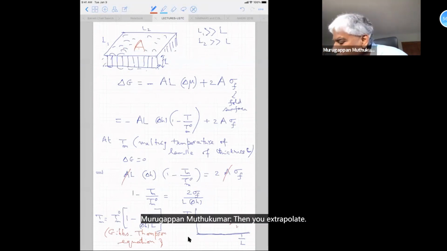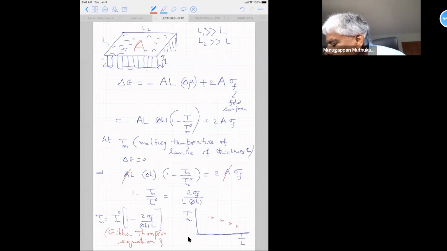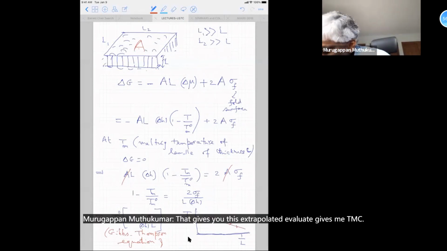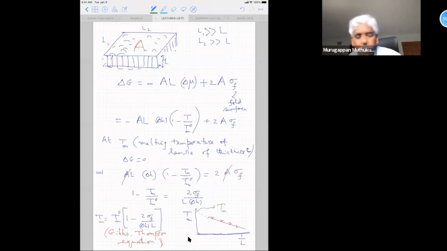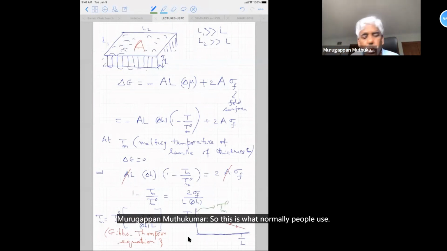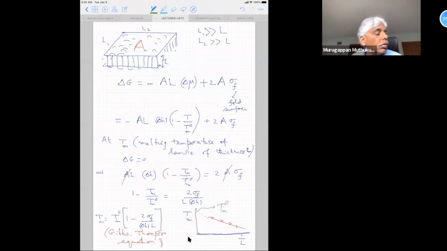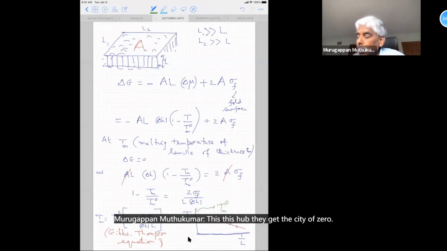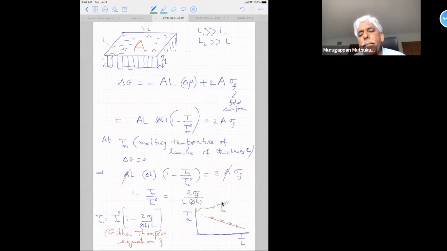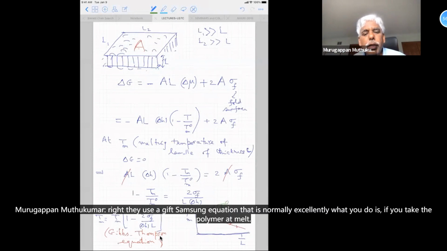Then you extrapolate. This extrapolated value gives me Tm0. So this is what normally people use. This is how they get this Tm0. They use the Gibbs-Thomson equation.